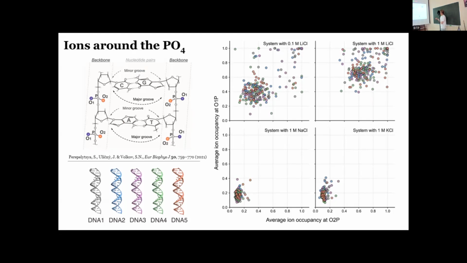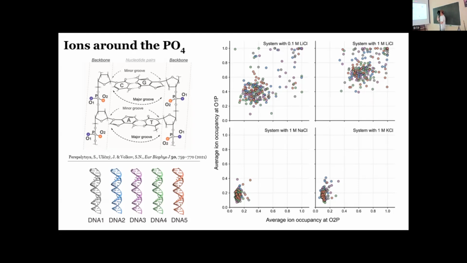So what does this graph show? It shows the time-average ion occupancy on the O1 atom of the phosphate group as the y-axis, and the time-average ion occupancy at the O2 atom of the phosphate group as the x-axis. Each circle on the graph corresponds to one phosphate group.